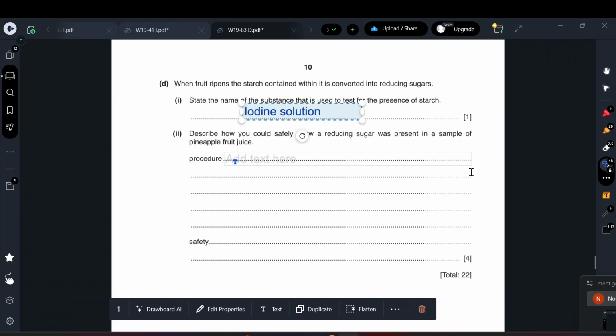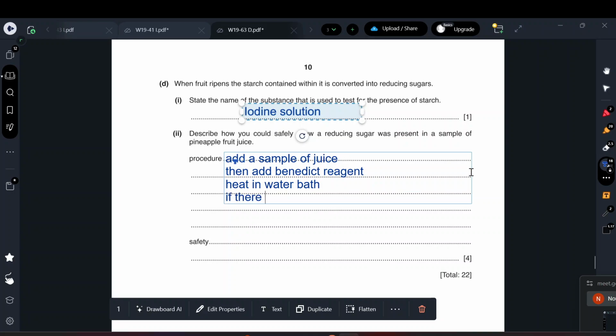What is the procedure? Add a sample of juice, then add Benedict reagent. After adding Benedict, there is an extra step: heat in water bath.